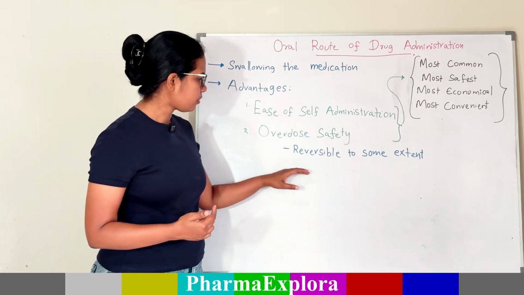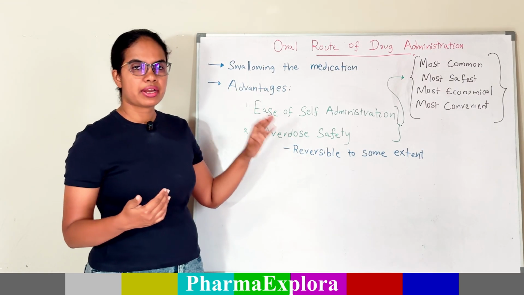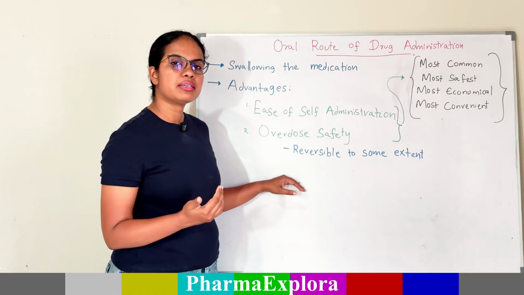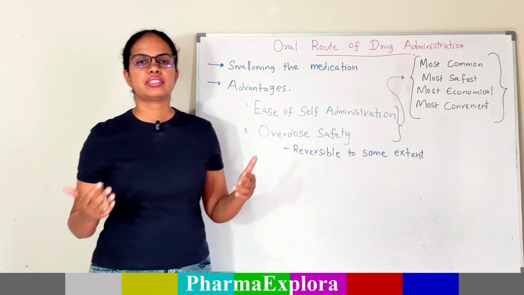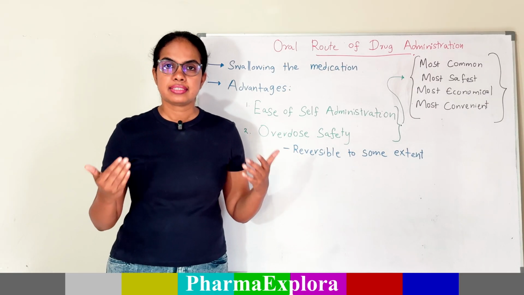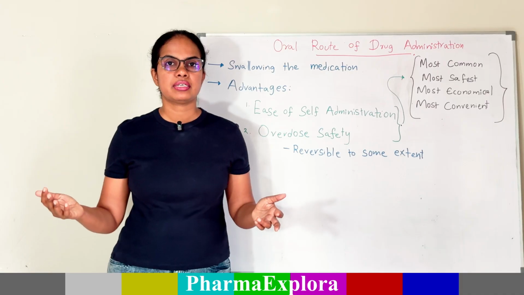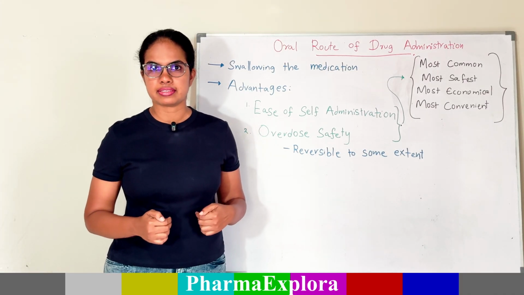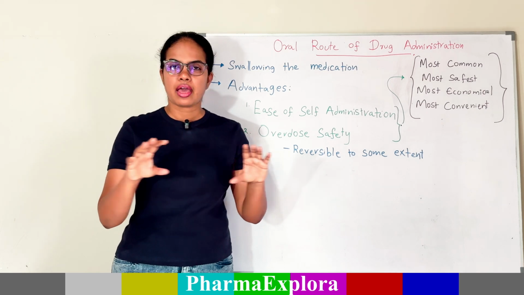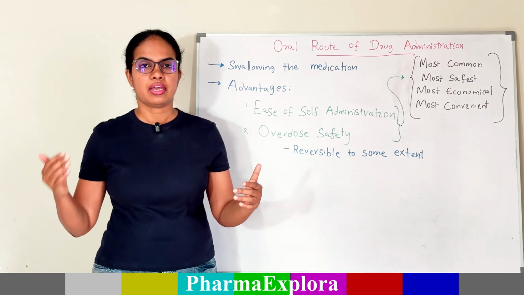Therefore, the medicines we administer through the oral route are reversible to some extent. So suppose a patient accidentally overdoses, or sometimes experiences acute toxicity from a particular medicine, we have what we call the window of safety. Why?